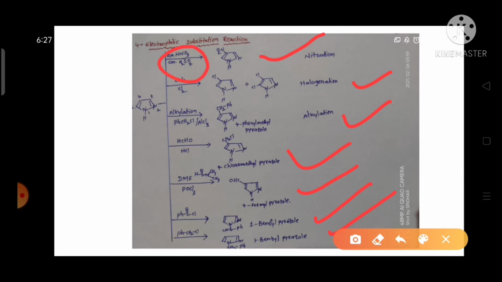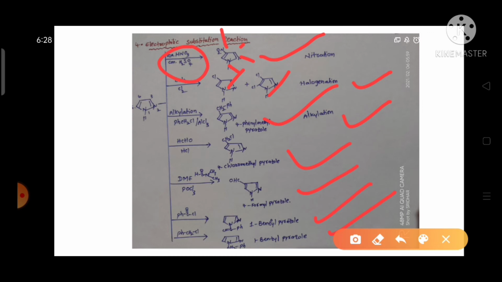So here we get 4-nitropyrazole. Here we get 4-chloropyrazole, and here we get 4,5-dichloropyrazole, and this one is 4-phenylmethylpyrazole. So this comes under alkylation.